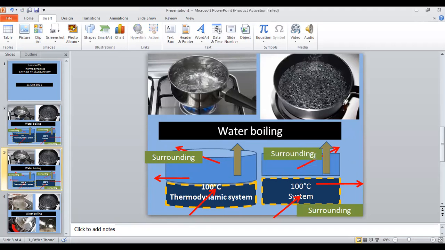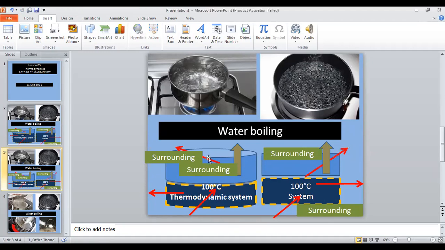I just draw this, everything surrounding. So this is surrounding. This is surrounding as well. So heat transfer takes place. So losses take place.